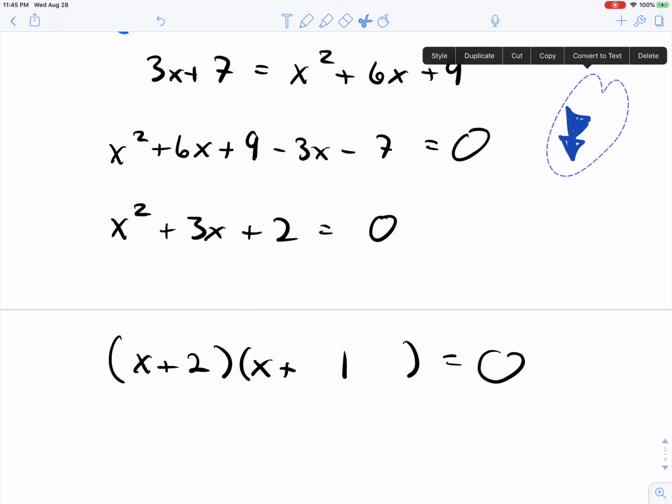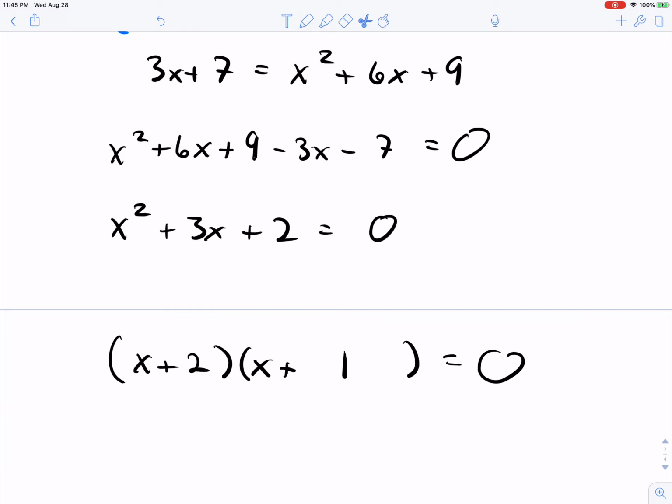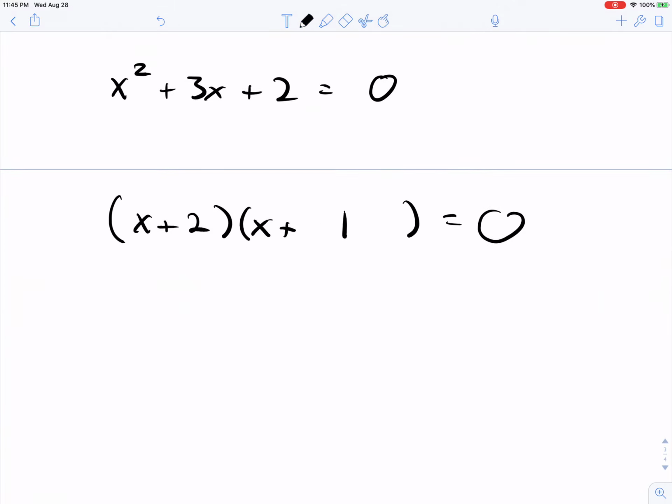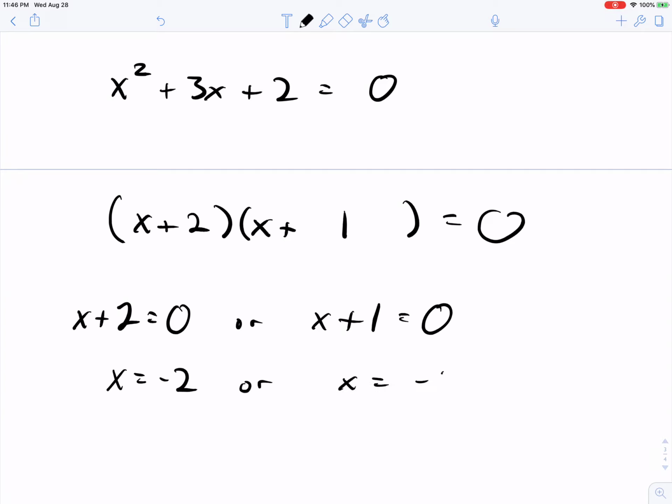So those are the two numbers that we were looking for. By the zero factor property, when two things multiply to give a 0, either the first thing equals 0 or the second thing equals 0. So from here we get x equals -2 or x equals -1.